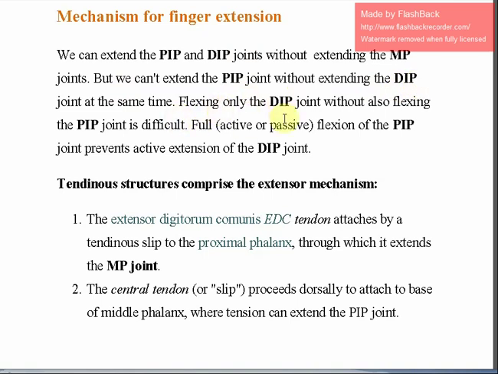Flexing only the distal interphalangeal joint without also flexing the PIP joint is difficult. So you cannot flex only the distal interphalangeal joint. You can try on your hand without flexing the PIP. So full active or passive flexion of the PIP joint prevents active extension of the DIP joint.